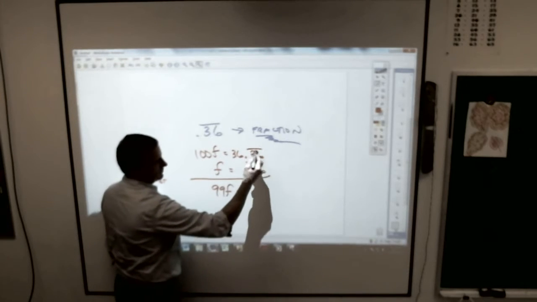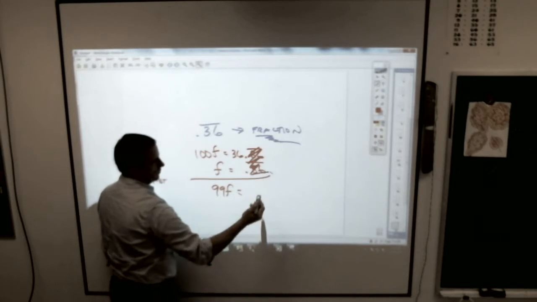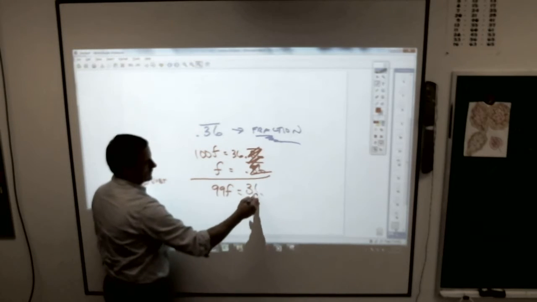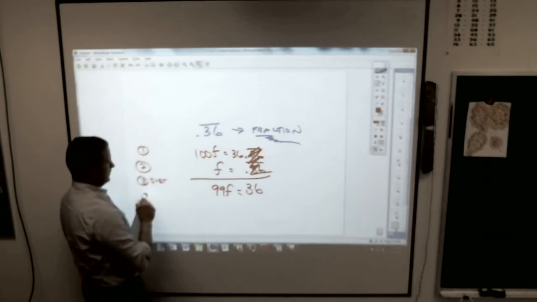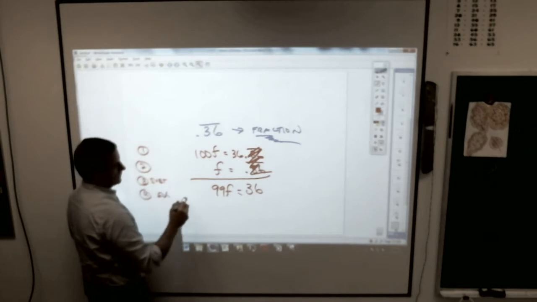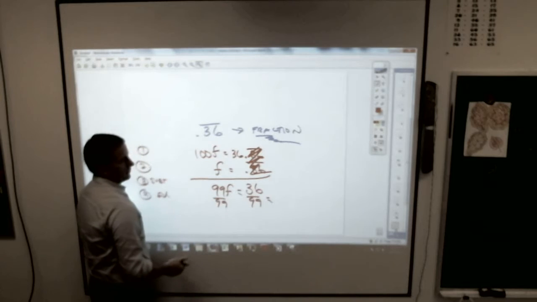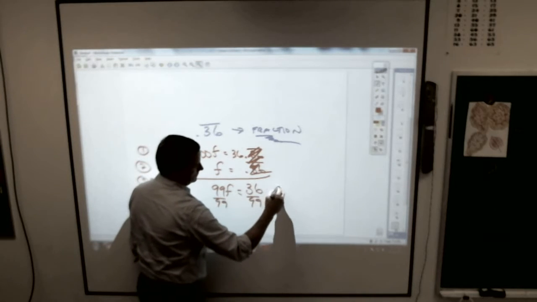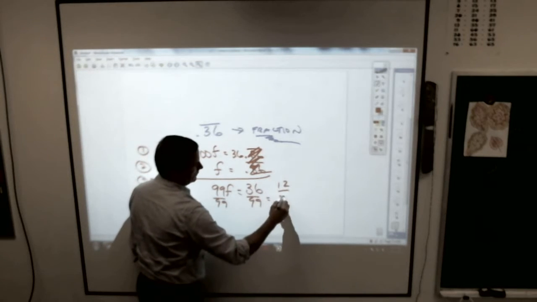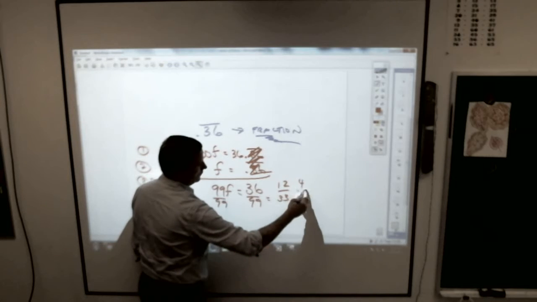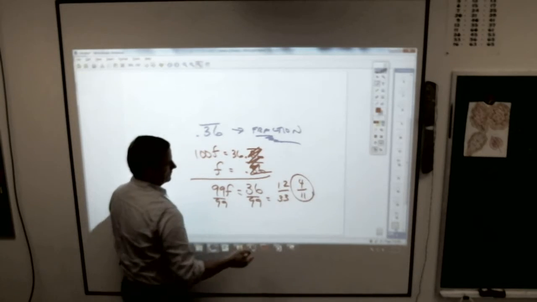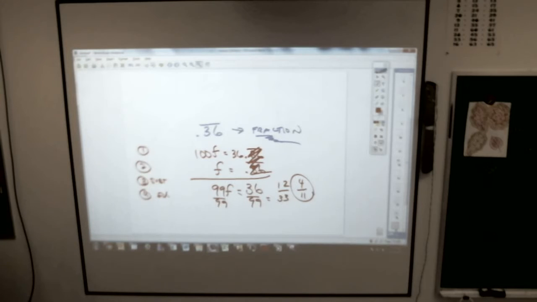You subtract these, and the thing you want to happen is the repeaters go away, and you're left with 36. Solve the equation for step number 4. Divide by 99. 3 goes into both of them, what's that? 12 over 33, oh, 3 goes into both of those, 4 over 11. Did I get that right? Yeah. Nice. Do you understand the error of your ways?